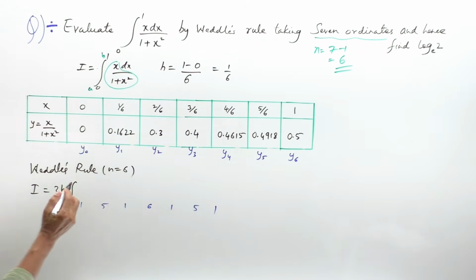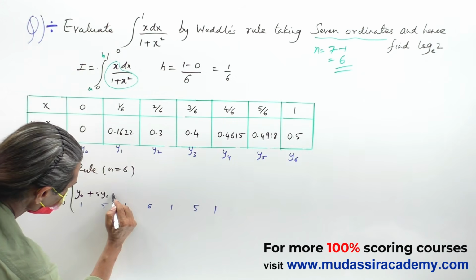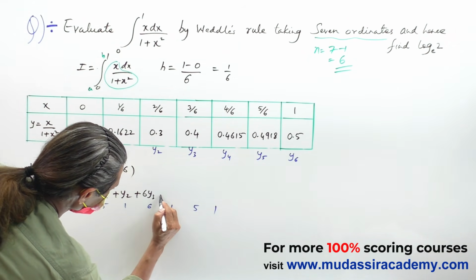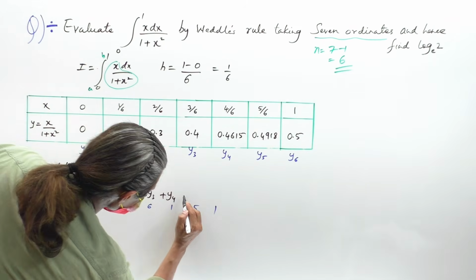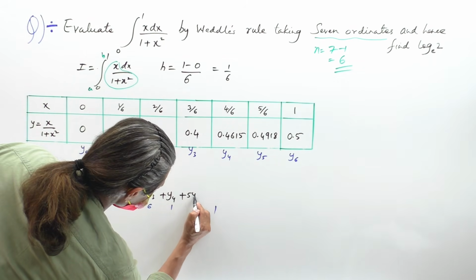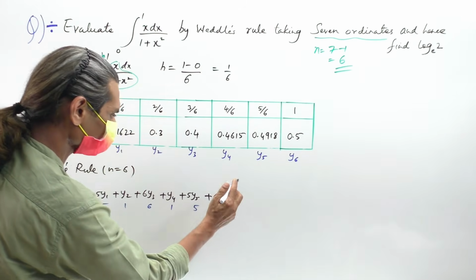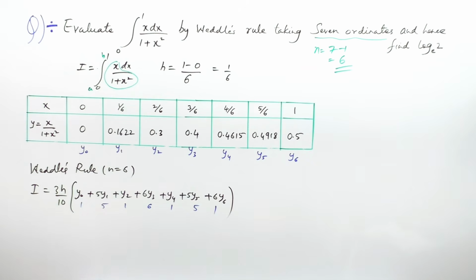So this will be y0 plus 5y1 plus y2 plus 6y3 plus y4 plus 5y5 plus y6. This is the formula. Now let's input all the values here.